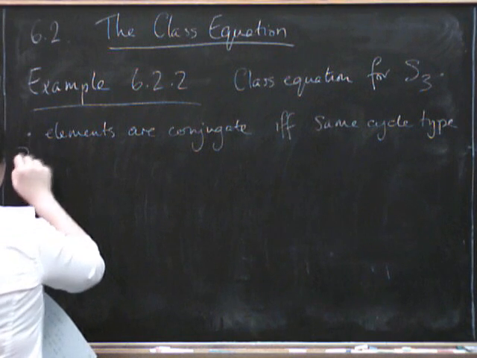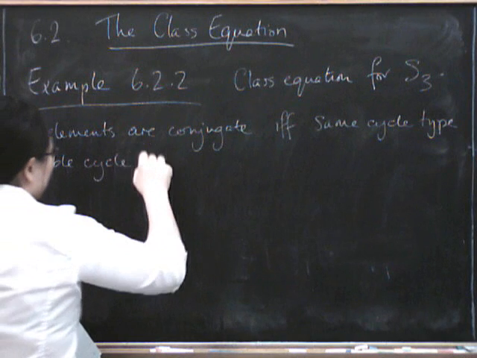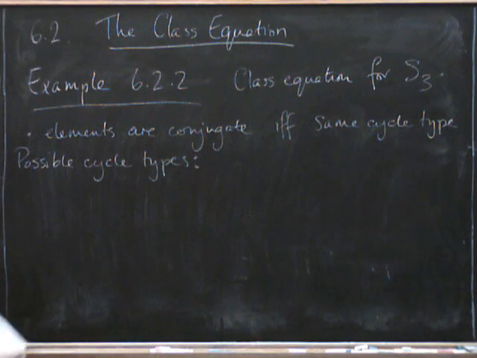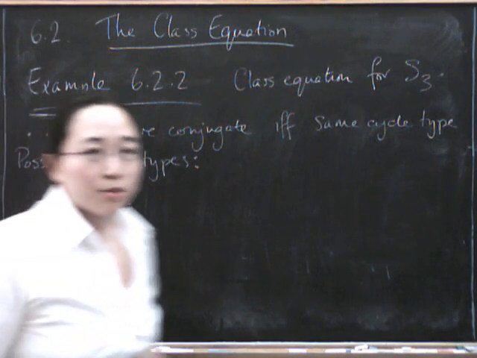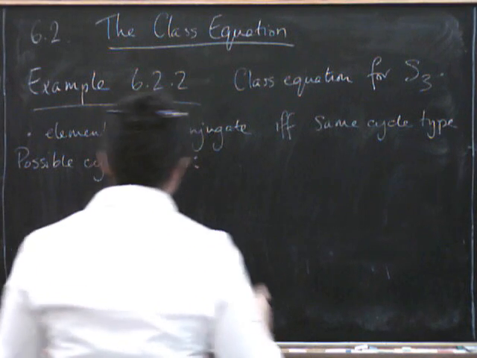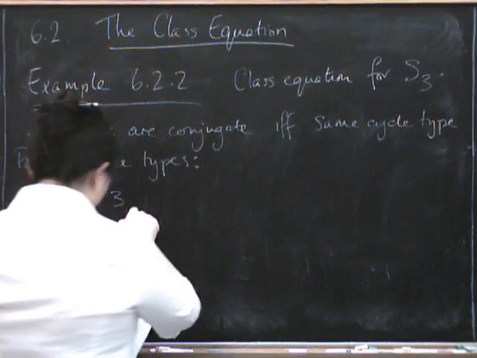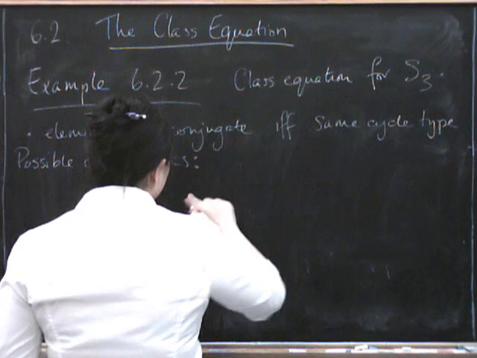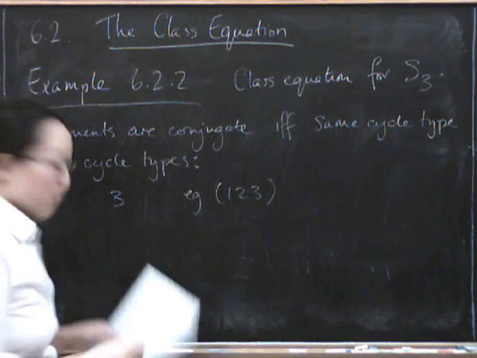So the possible cycle types are, when we write down the cycle type, we write down a list of numbers that consist of the length of the cycles if we write it in disjoint cycle notation. So 3, a typical cycle, let's write e.g. the cycle (1 2 3).